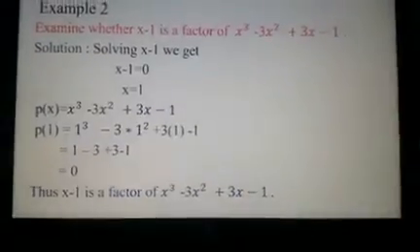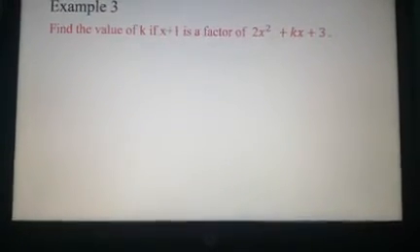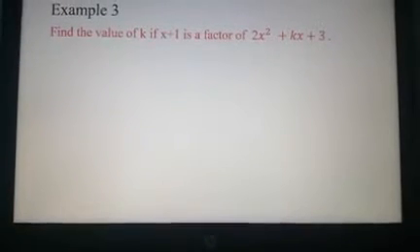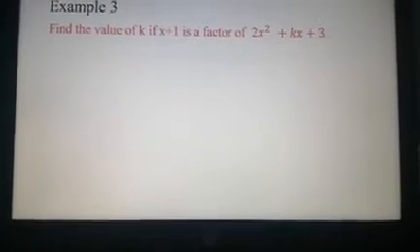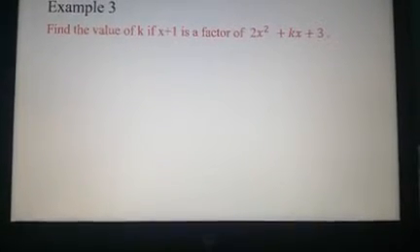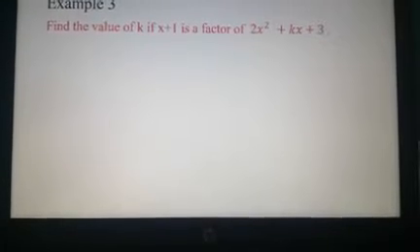So let me move on to the next example. Example 3. The twist here is they have given that x plus 1 is a factor, and you are supposed to find the value of k. The given polynomial here is 2x square plus kx plus 3.